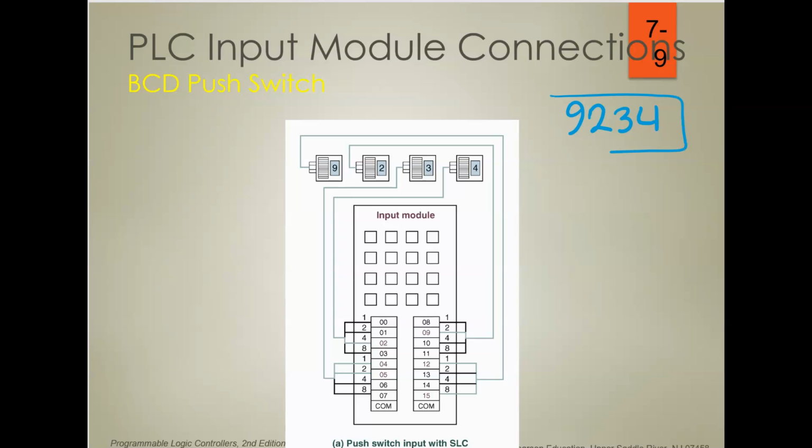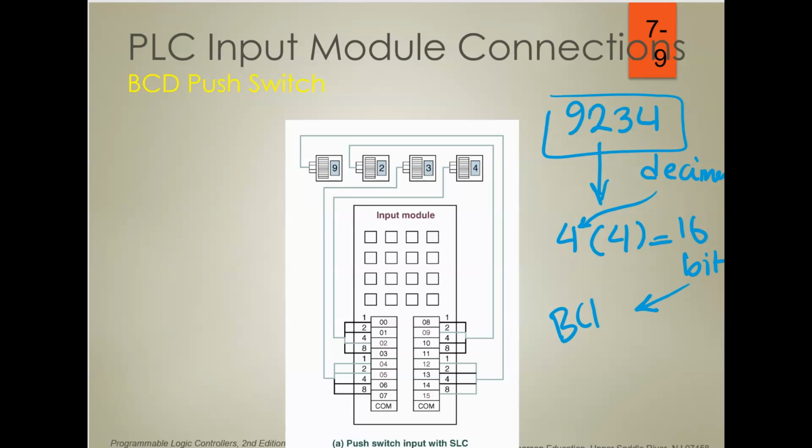So this is a decimal number, and if you want to convert this into binary coded decimal, then you need to have 4, which is the number of decimal digits, multiplied by 4, which is the number you need for every single digit, and it means that you need 16 bits for its equivalent binary coded decimal, or in other words, you need to use 16 terminals of your input.